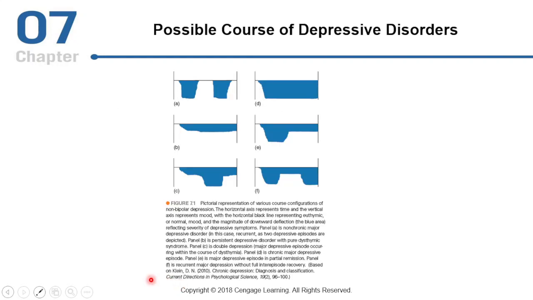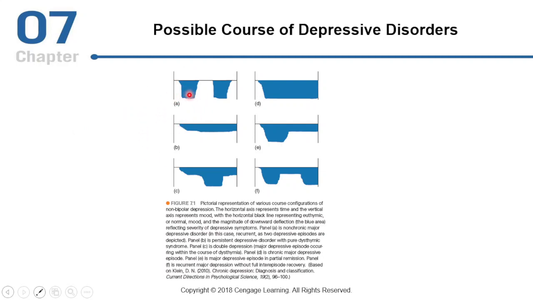And then let's see the representation of the disorder here. Okay. So the horizontal axis represents the time, and the vertical axis represents the mood. The horizontal black line represents the euthymic or the normal mood, and the magnitude of the downward deflection of the blue area reflecting the severity of the symptoms. So panel A is a non-chronic major depressive disorder here. So ibig sabihin, hindi siya paulit-ulit.